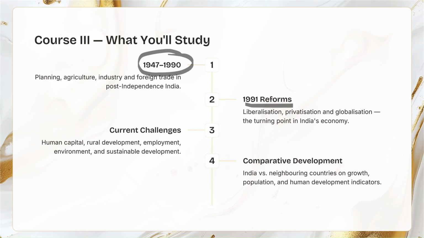Students then explore current economic challenges such as human capital formation, rural development, employment, and sustainable development. The course concludes with comparative study of India's development experience alongside neighboring countries using important economic and human development indicators.